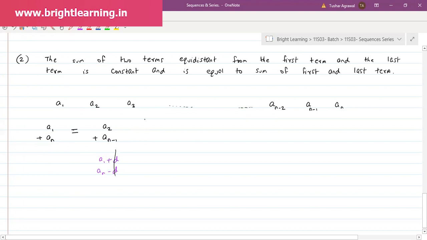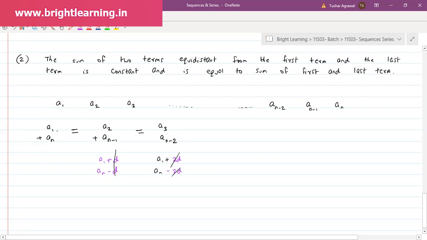A3 is A1 plus 2d. For An, if I subtract 2d, we have come two steps before An. So this gets cancelled out, and the final result is the same as A1 plus An.